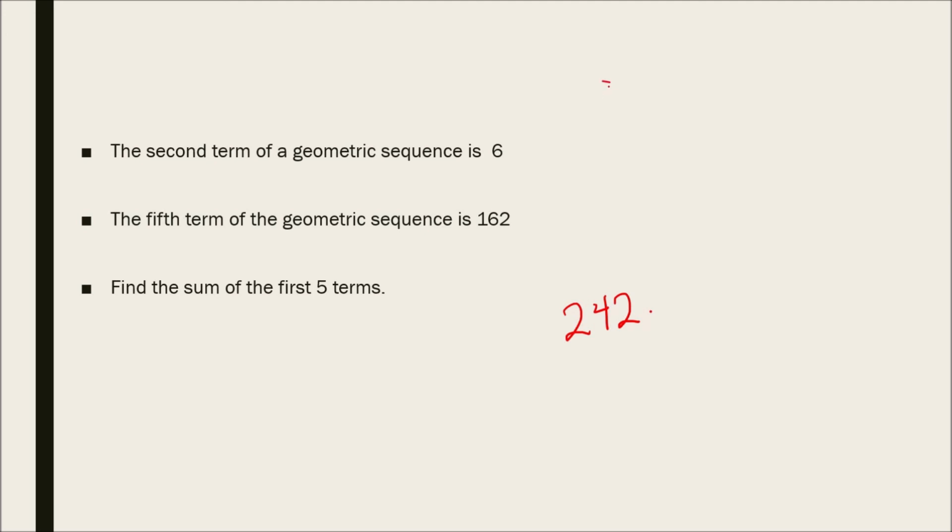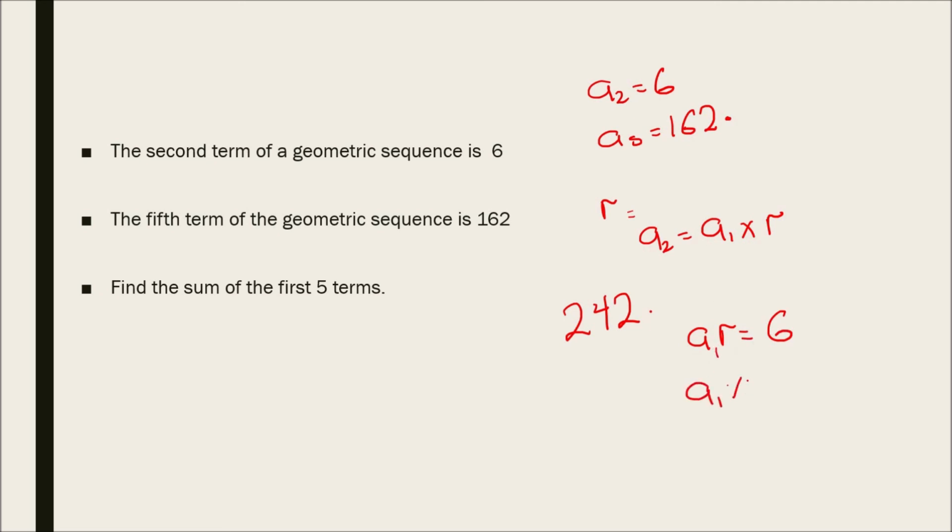The second term, A2, is 6. The 5th term is 162. Now let's find our R. Remember, A2 is A1 times R. So A1 R equals 6, and then A1 times R to the power of 4 equals 162.